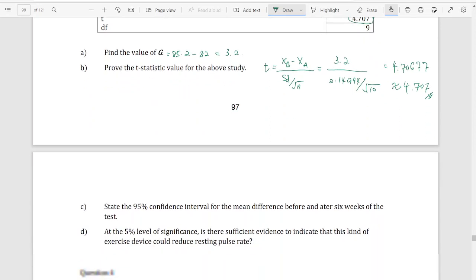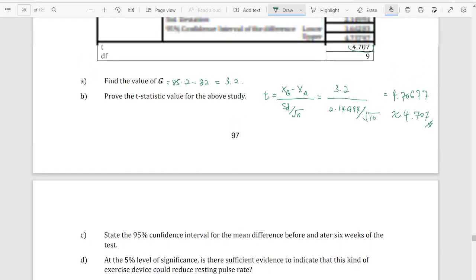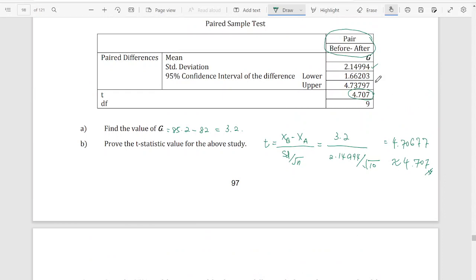And then they ask us to state the confidence interval for the mean difference before and after 6 weeks of the test. So what is the confidence interval? This part is the confidence interval, a 95% confidence interval.